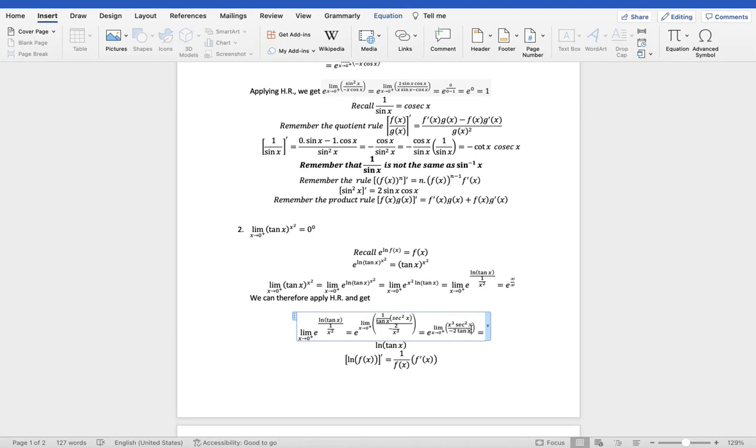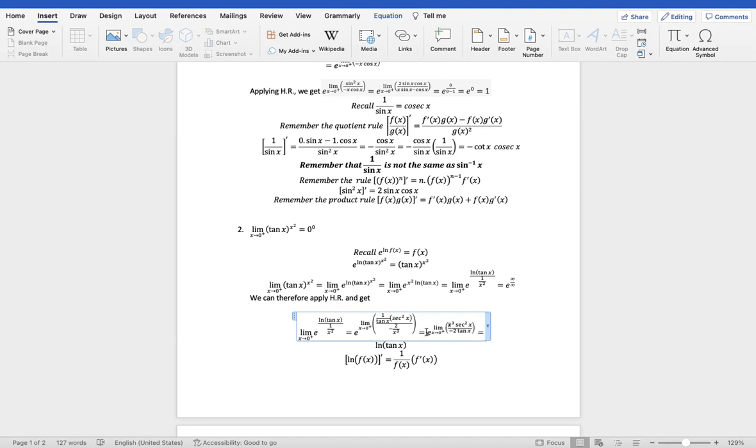Okay, cool. So let's substitute in. You have x equal to 0, so you have 0 multiplied by sec squared of 0, which is 1, right? So 0 in the numerator, divided by 2 times tan of 0. Tan of 0 is 0 as well. So you have 0 over 0. So you can apply L'Hopital's rule once again.